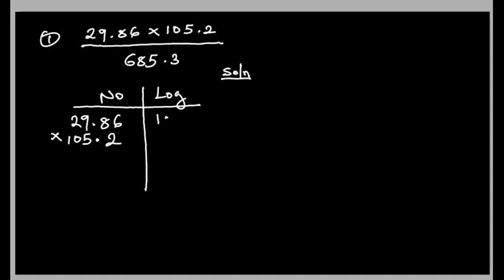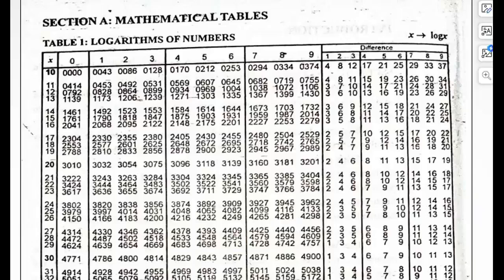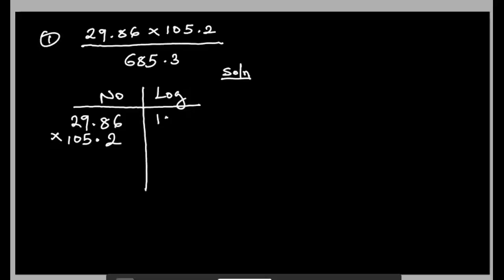When we take that, 29 under 8 difference 6 in logarithm, after adding everything, we will have 4751.